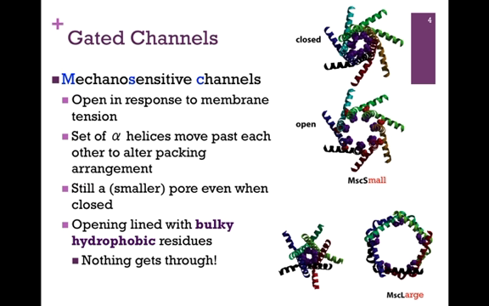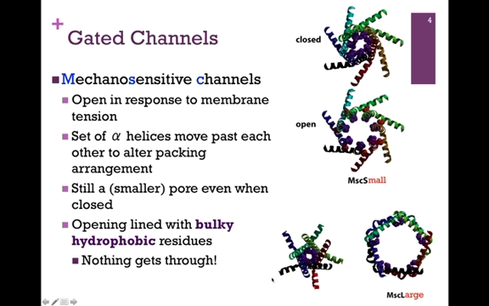And so even in the closed conformation, we would still have a pore sufficiently large to allow transport through that open area. In this case, the opening is lined with bulky hydrophobic residues pictured as the purple spheres, so that as those alpha helices move together to the closed arrangement, it's as if those bulky hydrophobic residues finish the job and complete the closing of that pore.